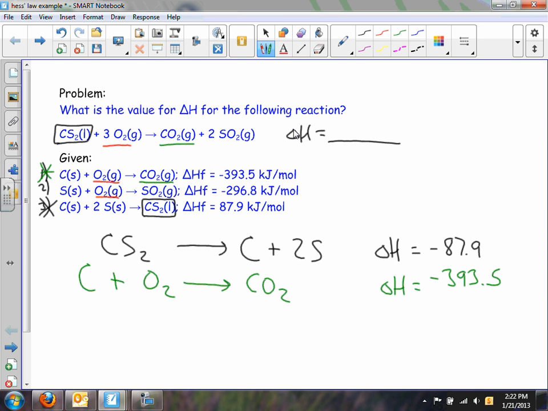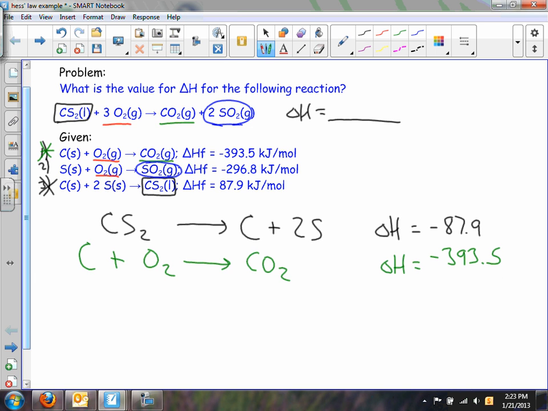The last substance is SO2. And the only equation that has SO2 in it is the second one right here. It's on the correct side. It is a product, however, it does not have the correct coefficient. So all I need to do is double everything in that equation to give it a 2 like I need right there.